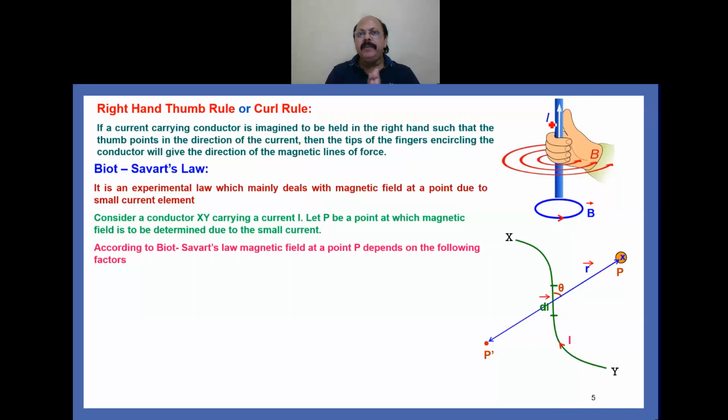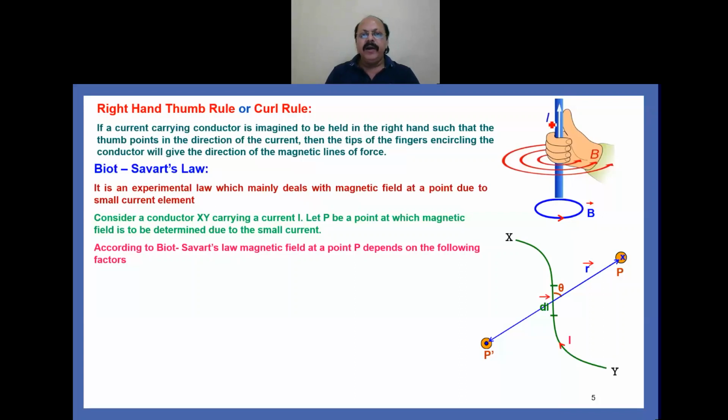At point P we put a cross in a circle, meaning the magnetic field is perpendicular to the plane containing the dl vector and r vector, acting inward. At P dash there is a dot in a circle, meaning the magnetic field is perpendicular to that plane, acting outward. These two directions we have determined with the help of the right hand screw rule.